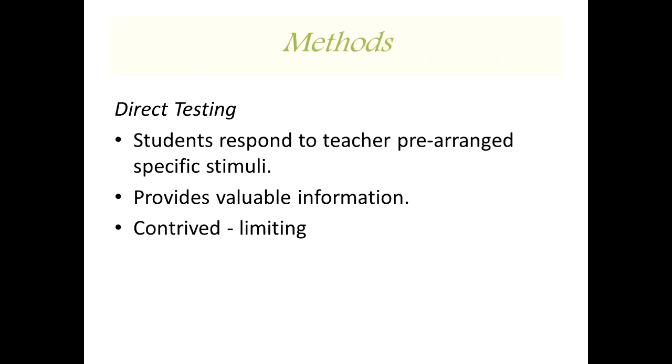Direct testing allows the teacher to set up a scenario where a student could give us information as to whether they can perform the skill. An example might be a child who is learning to buy something from the store.